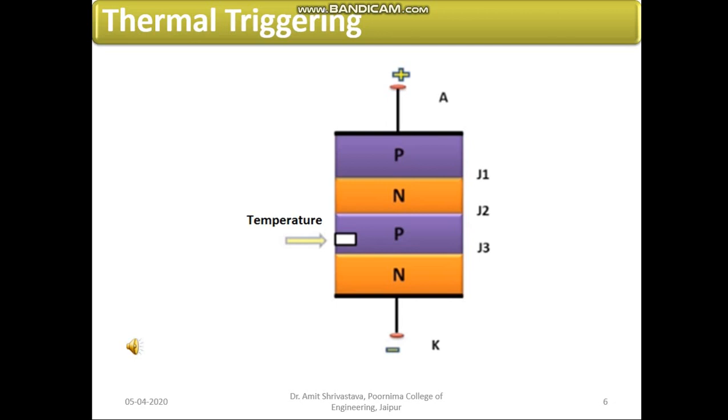The next method of triggering a thyristor is temperature triggering or thermal triggering. In this method, during forward blocking, most of the applied voltage appears across reverse biased junction J2.